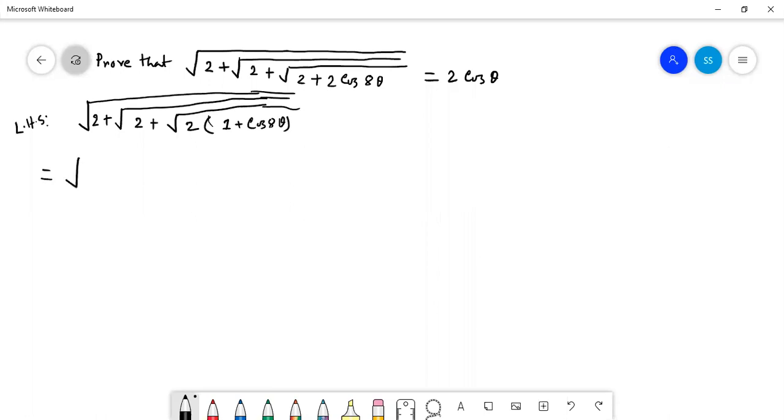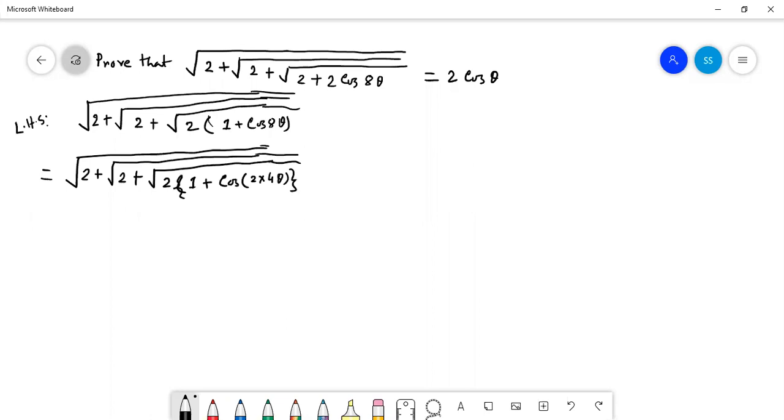So from here you can write 2 plus root 2 plus 2 into, if you take the second bracket, 1 plus cos 8 theta, and cos 8 theta can be written as cos 2 into 4 theta. So here it is 1 plus cos 2 theta.